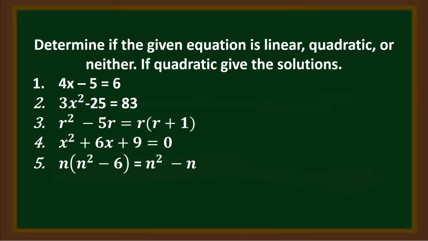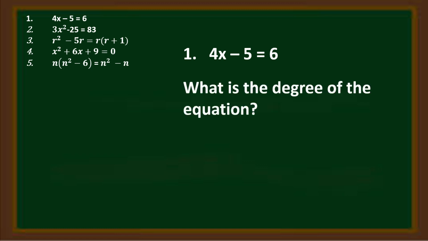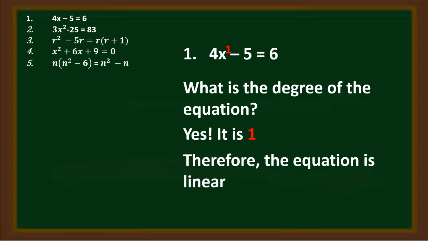Now we'll be determining whether the given equation is linear, quadratic, or neither. If quadratic, give the solution. Number 1. 4x minus 5 is equal to 6. What is the degree of the equation? Yes, it is 1.